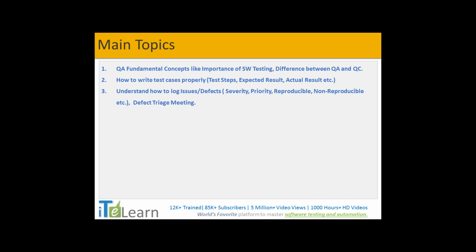So in all those scenarios, a defect triage meeting will happen, in which people like the test lead, dev lead, project manager, or product owner in today's terminology of agile will sit together and decide whether it is really a defect or not. If it is a defect, then what is the severity, what is the priority, etc. We are going to assign them to the corresponding defects. First deciding whether it is a defect or not. If it is a defect, then what is the criticality or complexity of it. So that's the next immediate thing.